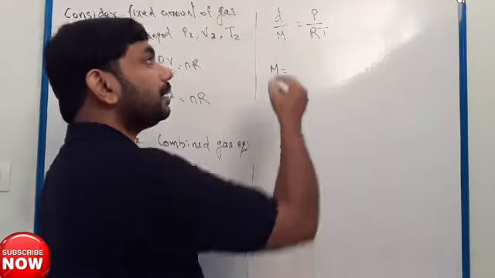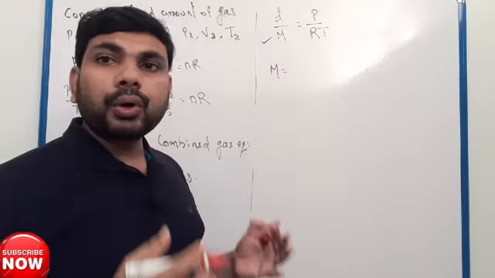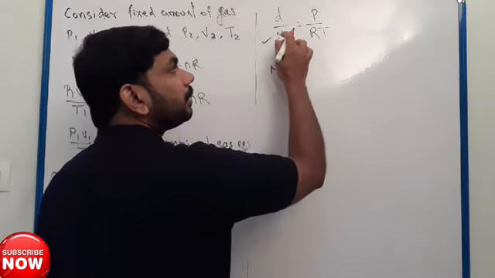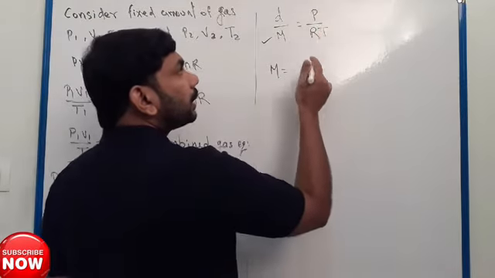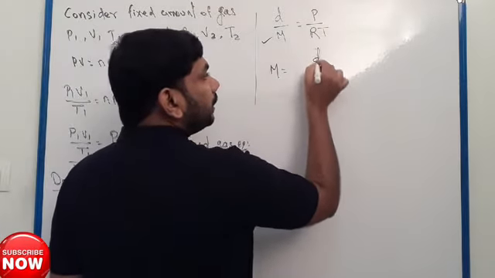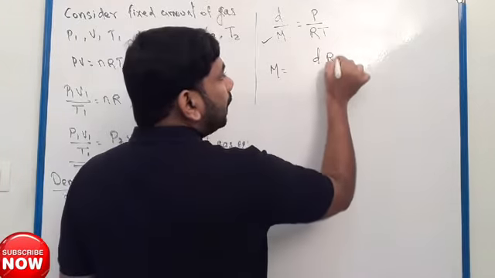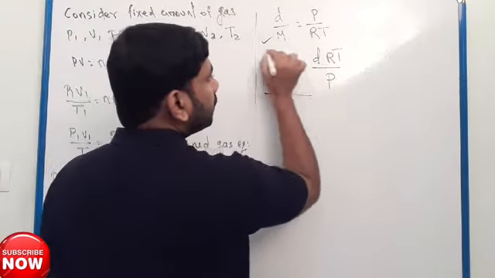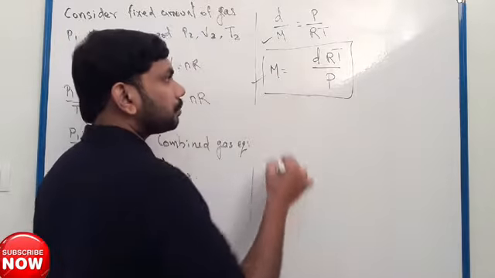What is M here? M means molar mass. So the molar mass of a given gas is, bringing M over here, dRT divided by P. This is the equation to find molar mass.